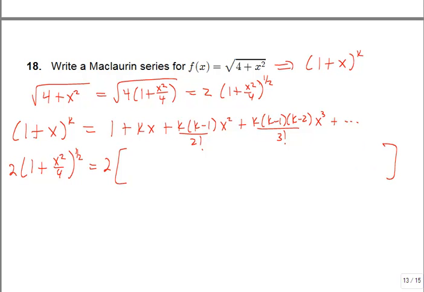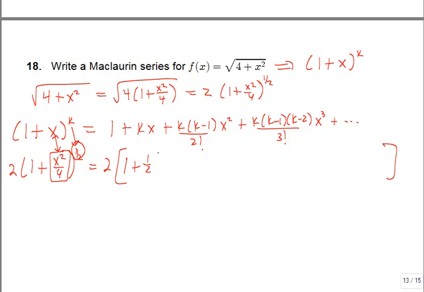So we need a 2 out front times our infinite power series. And how do these compare? Well, instead of using x, I'm going to be using x squared over 4 here, here, and here. And instead of using k, my k is going to be 1/2. So this would become 1, from this one, plus k, and my k is going to be 1/2. And instead of x, this is my x.